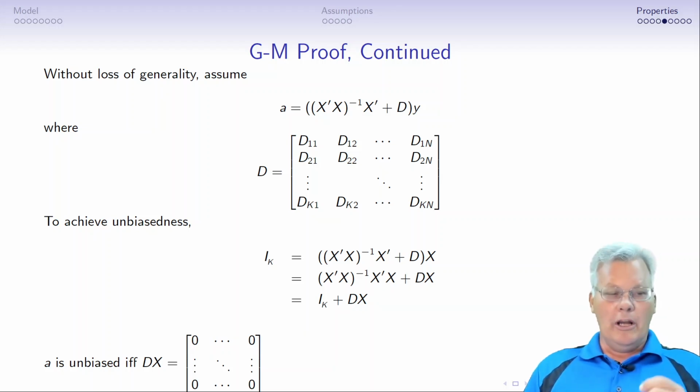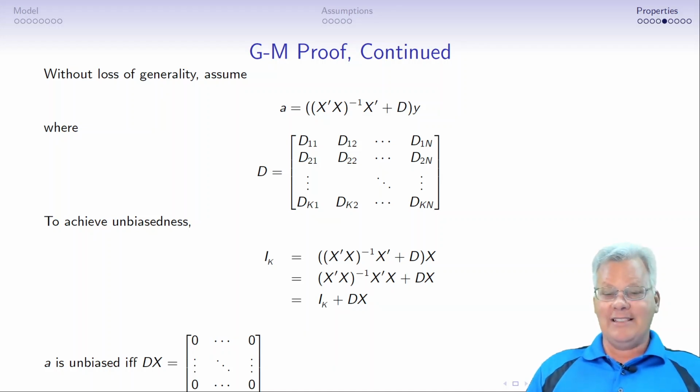So to apply the results from the previous slide, for my new A to be unbiased, what has to happen then is that this new weight times X must equal the identity matrix. So we know that (X prime X) inverse X prime X is equal to the identity.